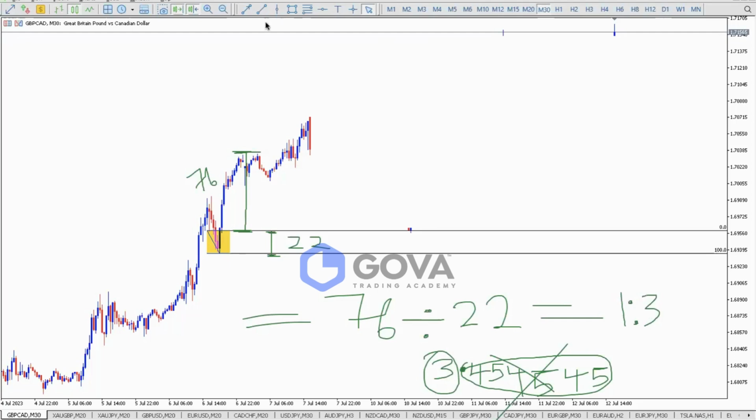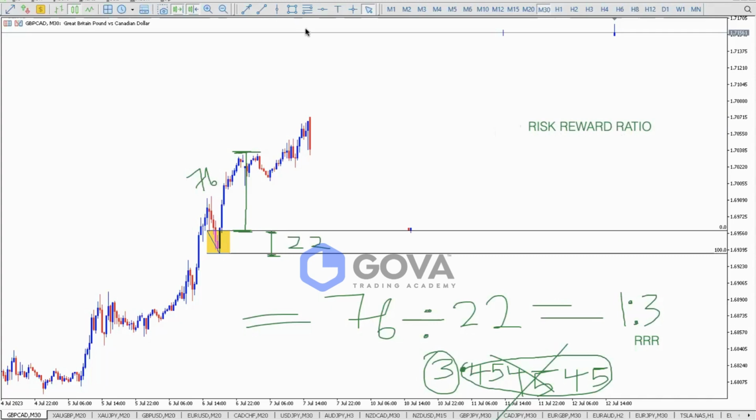So on this trade we are having a risk-reward ratio, which means RRR, of 1:3. Now, what is RRR, you might ask? RRR means risk-reward ratio. That is what RRR means.